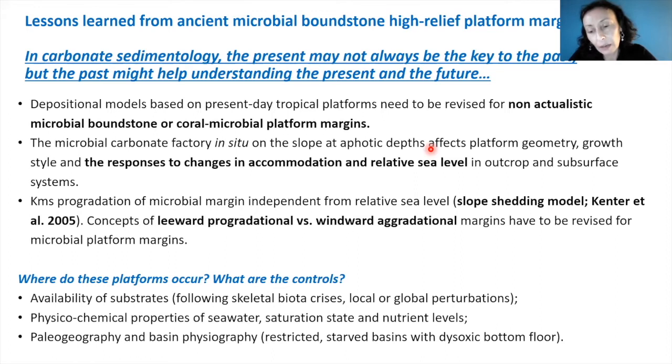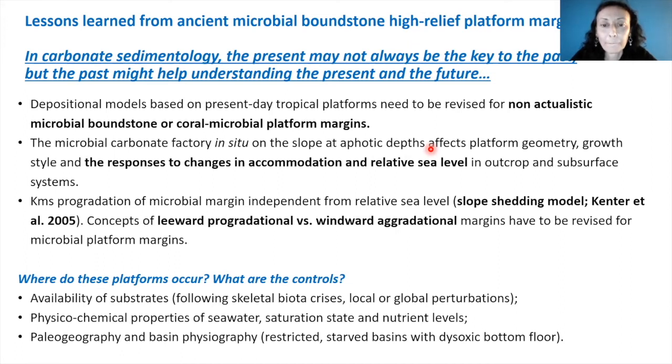On the other, I would take into account a lot the hydrodynamic setting and how current energy, wave base, and sediment disturbance can affect the various phases of the microbial boundstone in your platform.